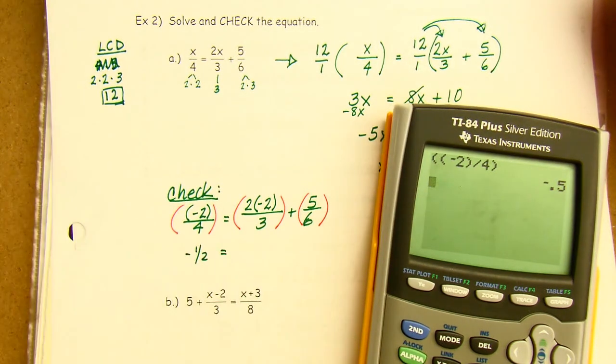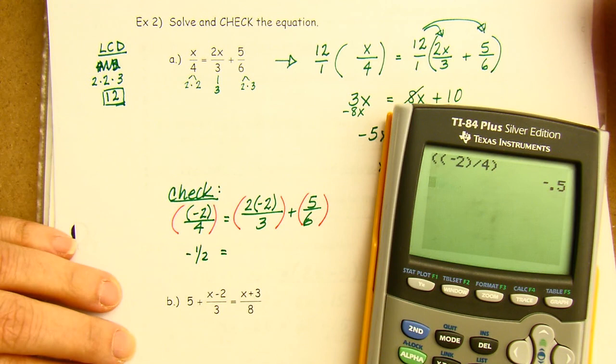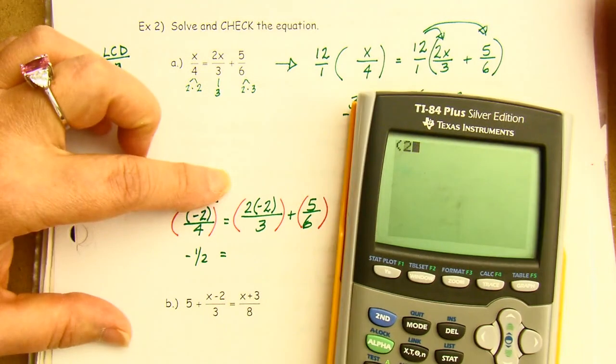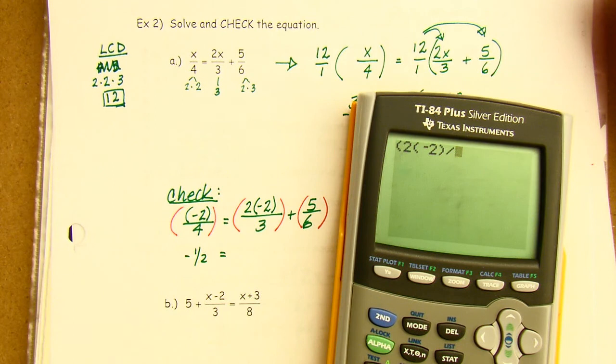Equals. On the right side, clear, parenthesis, 2, parenthesis, negative 2, close it, divide by 3. Actually, I might run into a problem here, because I really should group this product.